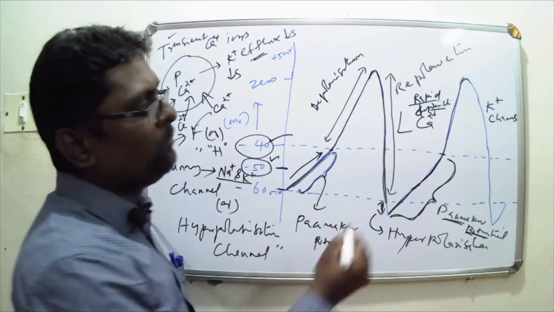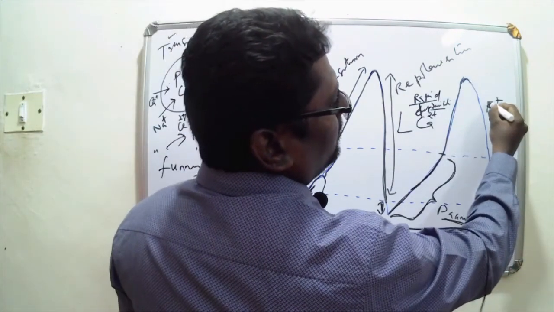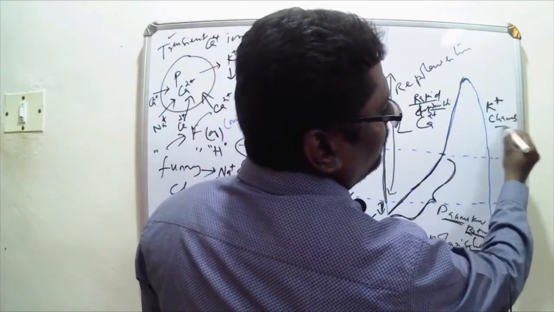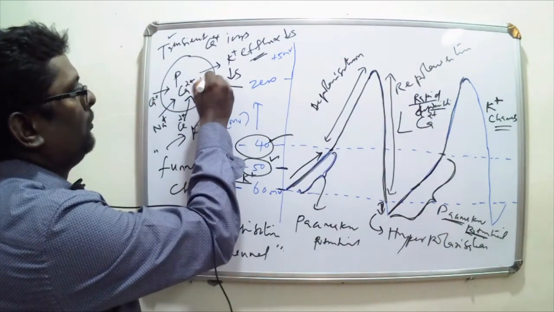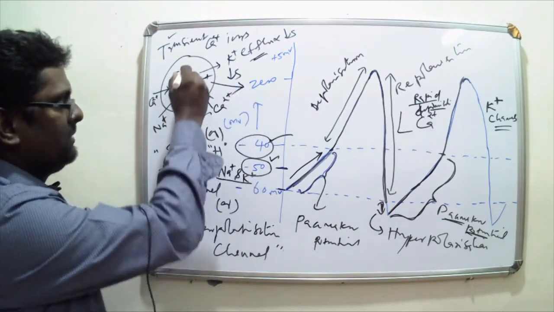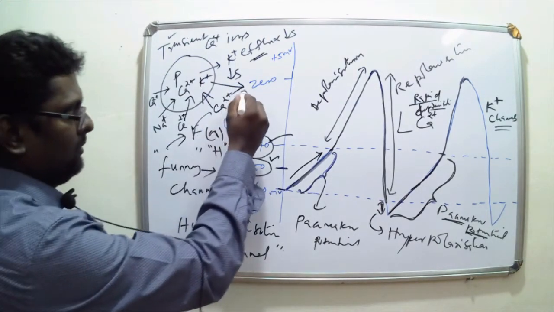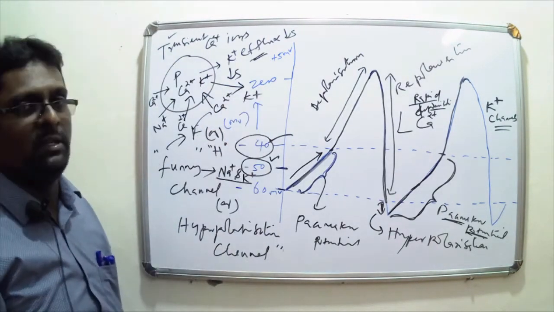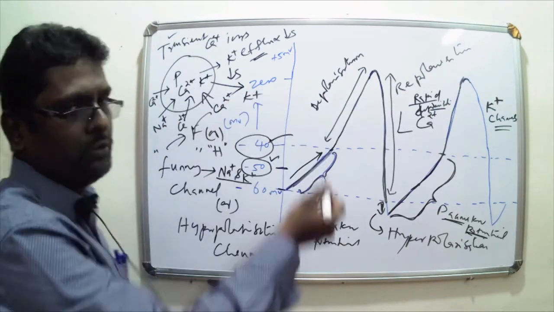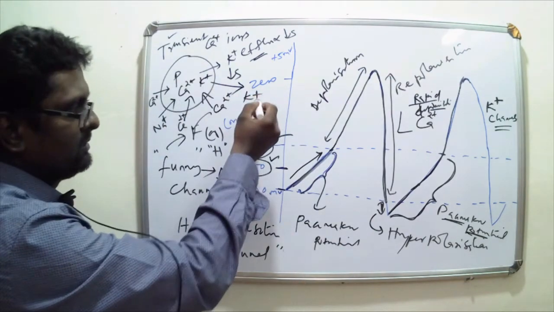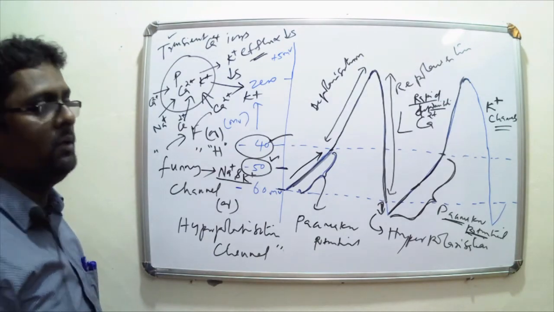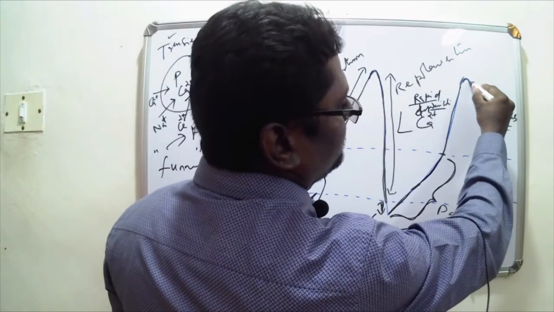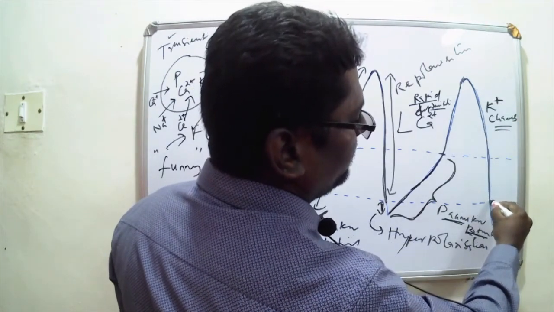Following depolarization, the potassium channels open up. Potassium once again leaves the pacemaker cell and enters the ECF. Because it carries positive charge from inside the cell to outside the cell, the inside becomes more negative. That is what we call repolarization.